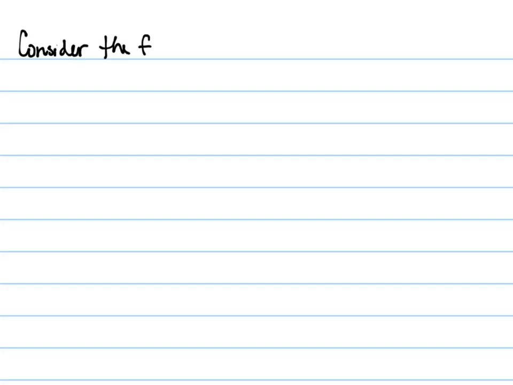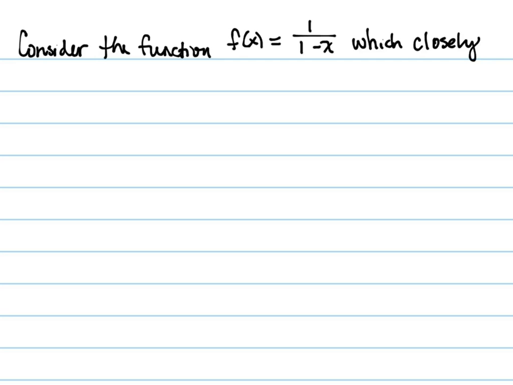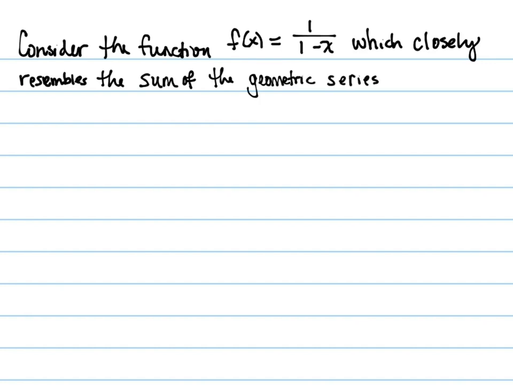Consider the function, let me give it a name first, f of x equals 1 over 1 minus x, which closely resembles the sum of the geometric series, the summation from n equals 0 to infinity of a r to the n, which you guys just told me is a over 1 minus r.